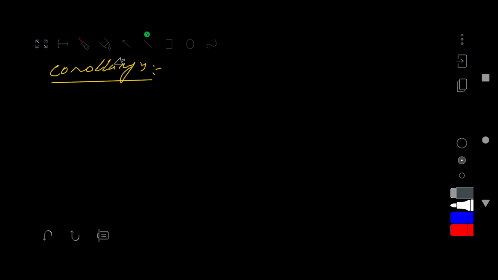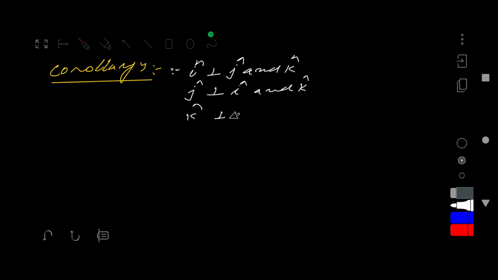Now corollary 4, since I cap is perpendicular to J cap and K cap, and similarly J cap and K cap, or we may say that K cap is perpendicular to I cap and J cap. So I cap dot J cap is equal to 0.